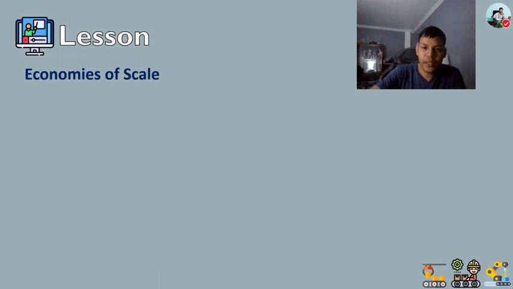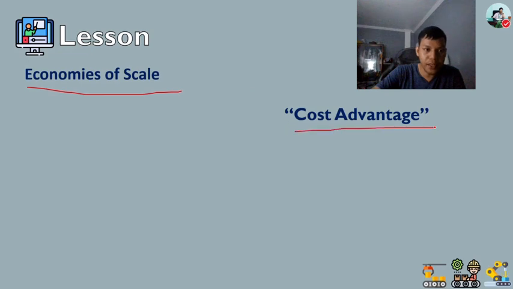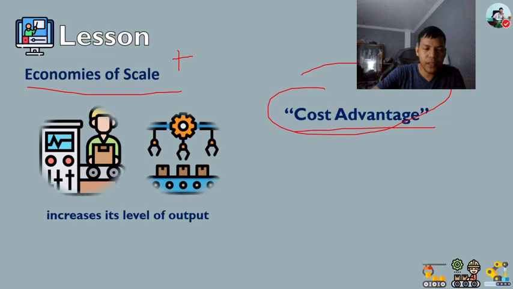So economies of scale refers to the cost advantage. Okay. So once you hear the word economies of scale, it means that there is a cost advantage. So this is a positive term. Again, economies of scale refers to the cost advantage experienced by a firm or any business when it increases its level of output.